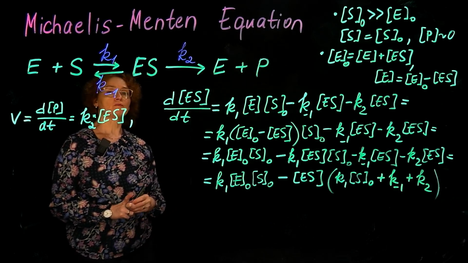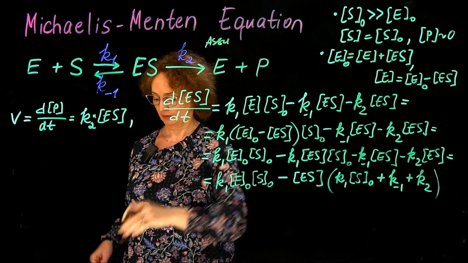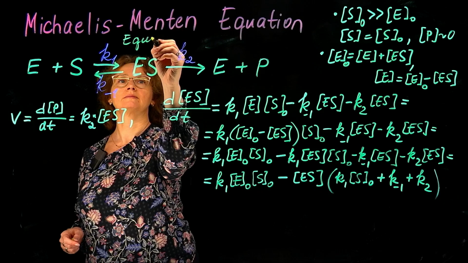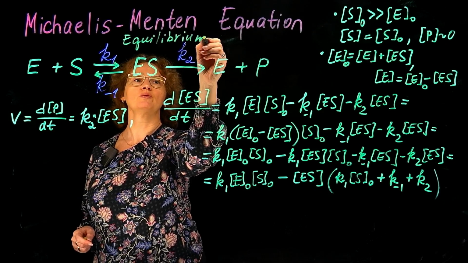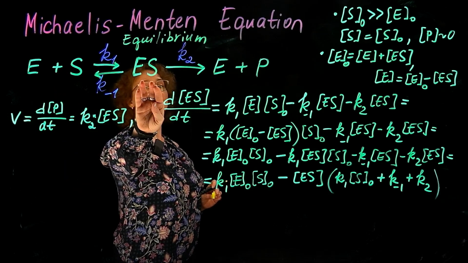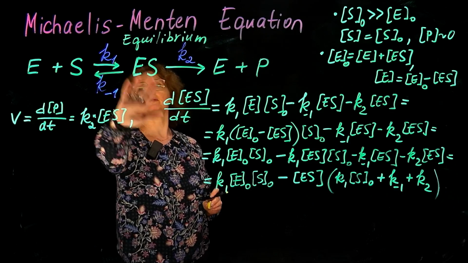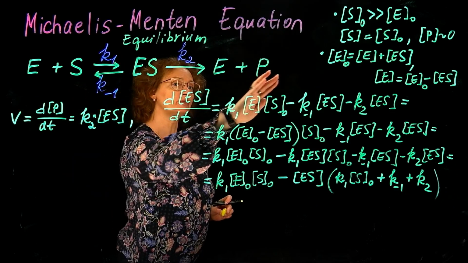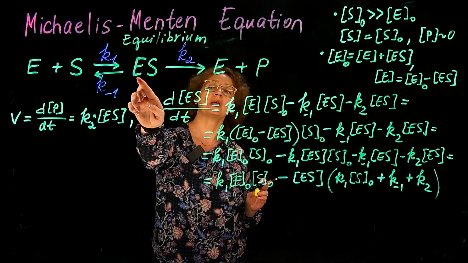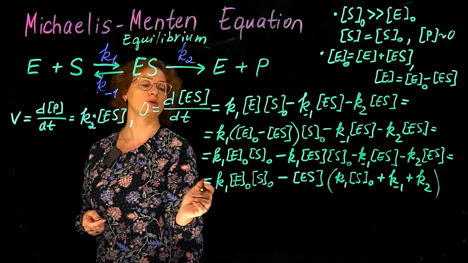Okay, so now we have assumption of equilibrium. Assumption of equilibrium tells us that the same amount of enzyme-substrate complex that was formed through those reactions gets decomposed either back into enzyme and substrate or forward into enzyme and product. So that tells us that concentration of enzyme-substrate complex doesn't change. So we can make this ratio 0.